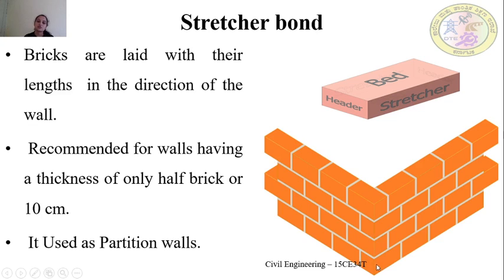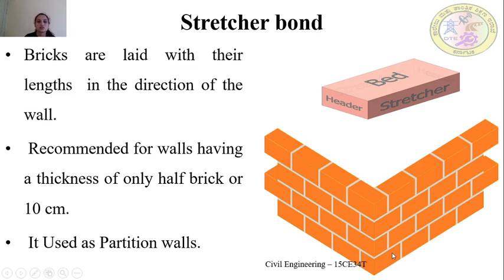You can observe this picture. Here we have placed bricks lengthwise. The stretcher face is placed to the face of the wall. If the length side is placed in the direction of the wall, then it is called stretcher bond.